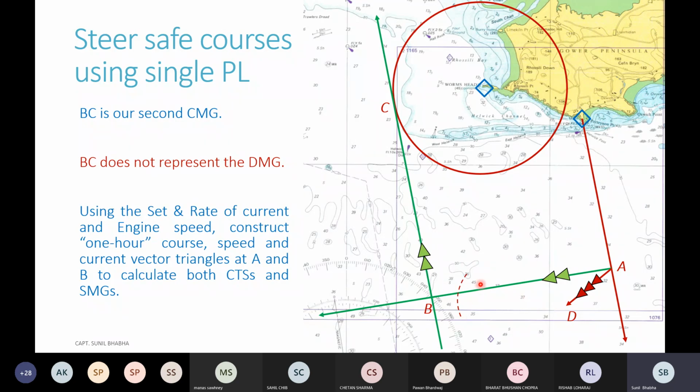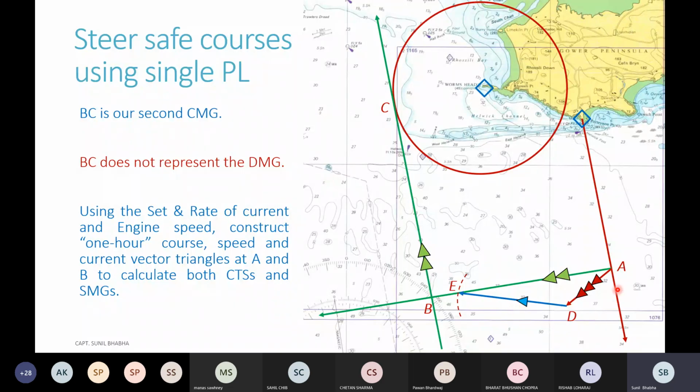You can see this arc drawn here. This arc cuts line AB, which is our course made good line, at a certain point. Let's name that point E. Now let's join D to E, the DE line. I have joined it using the blue color vector. Now this blue color vector is our course to steer, CTS vector.